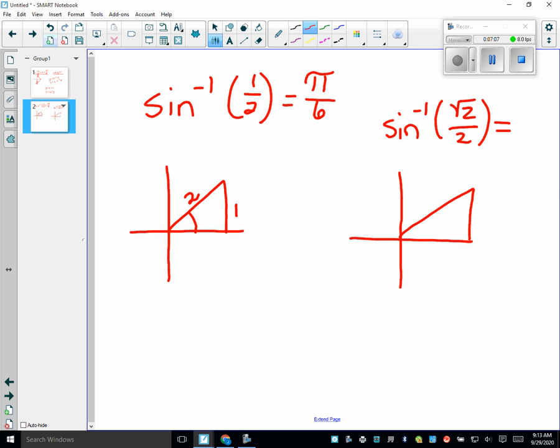Is radical 2 over 2 the same thing as 1 over radical 2? Okay. So you're saying my angle's pi over 4? How did you know that? Which is a good thing to know. So what's the answer to this? Pi over 4. Okay? You good with that?